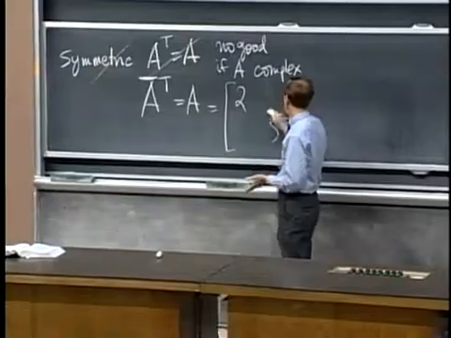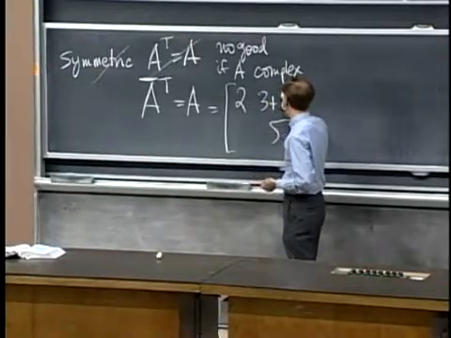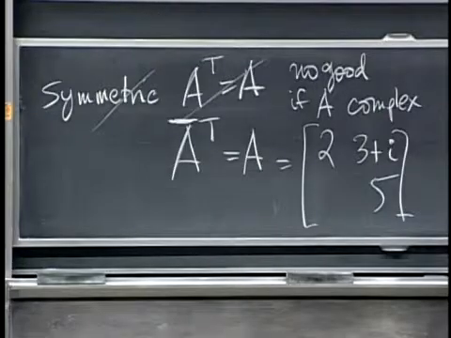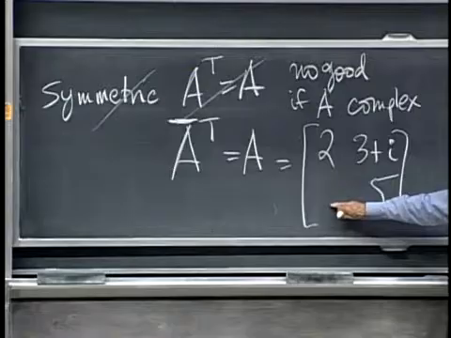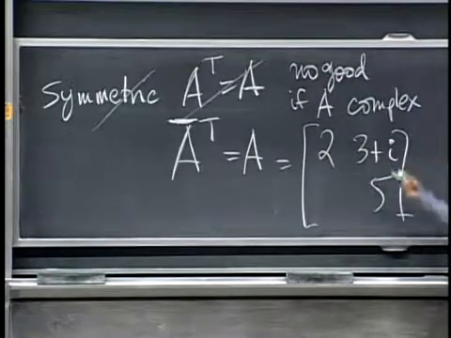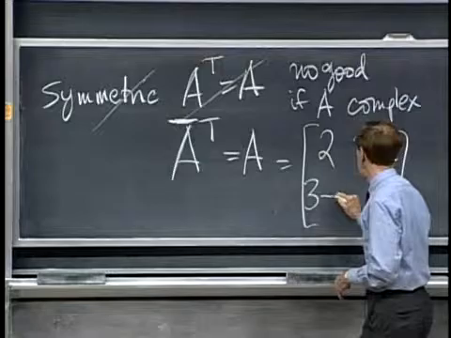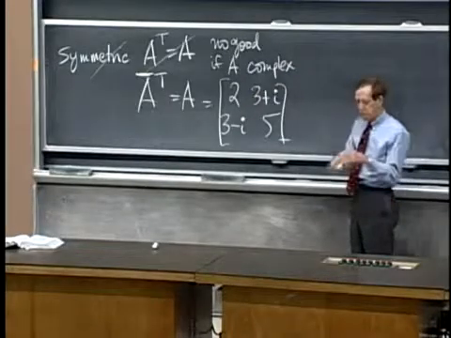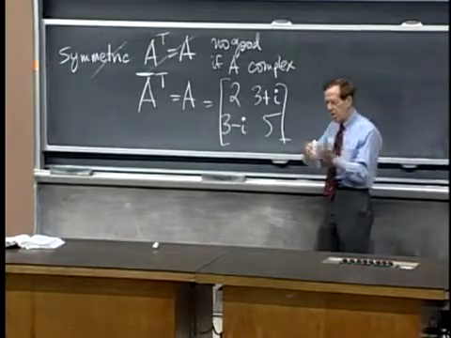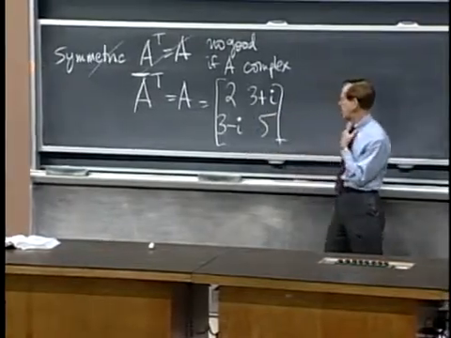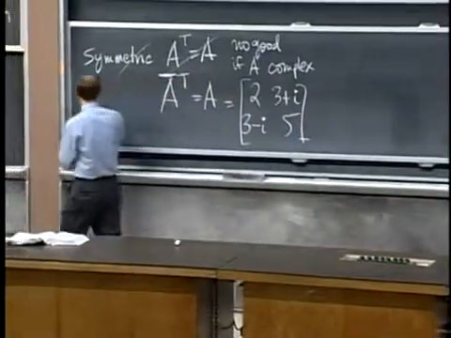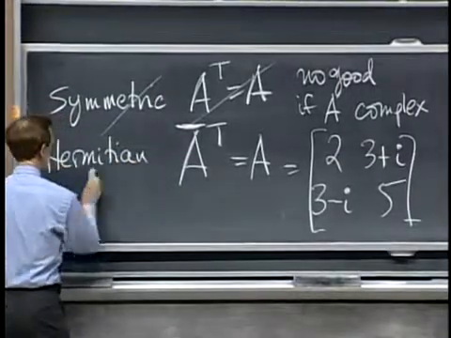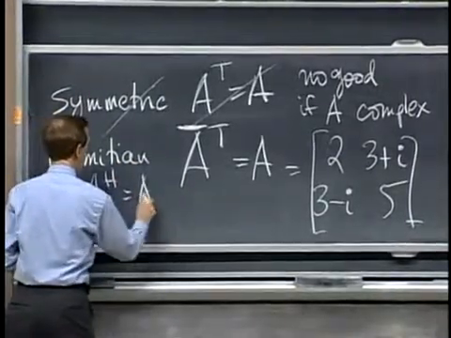If this entry is, say, 3 plus i, then this entry had better be, because whatever I transpose will show up here, and I conjugate, so I need 3 minus i there. So there's a matrix that corresponds to symmetry, but it's complex. And those matrices are called Hermitian matrices. A^H equals A. Fine.